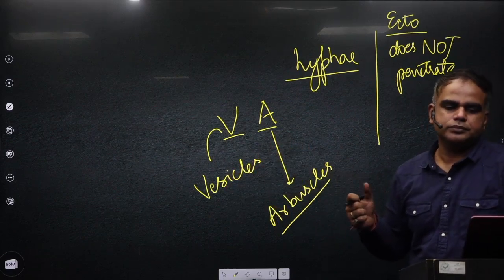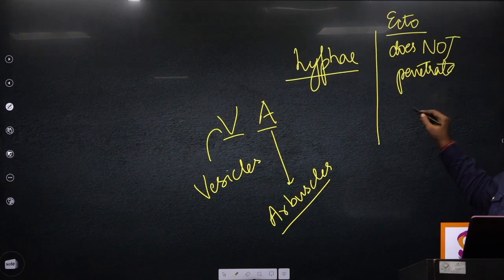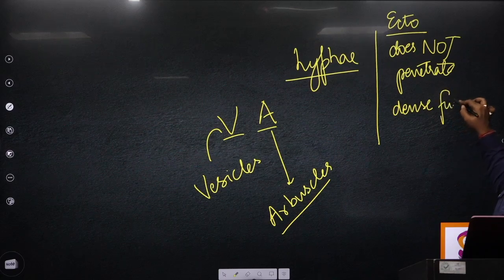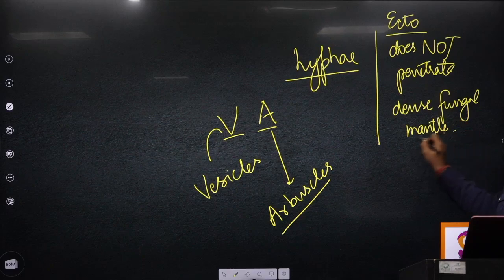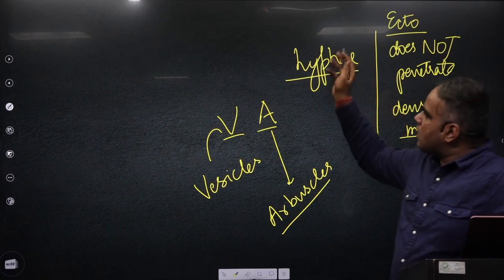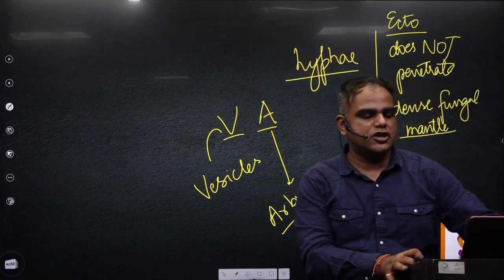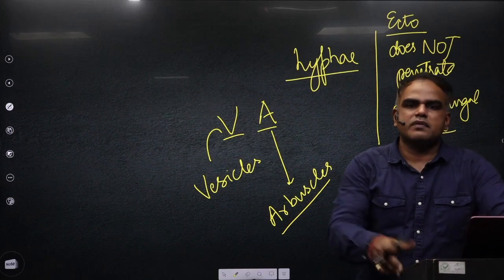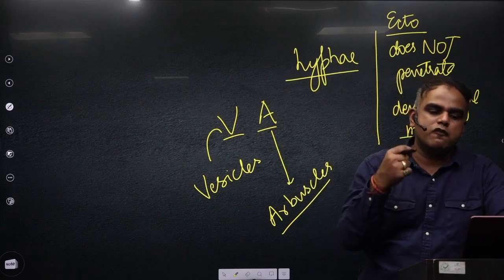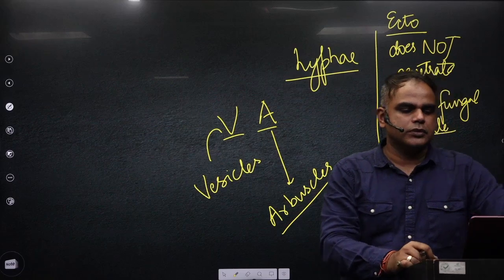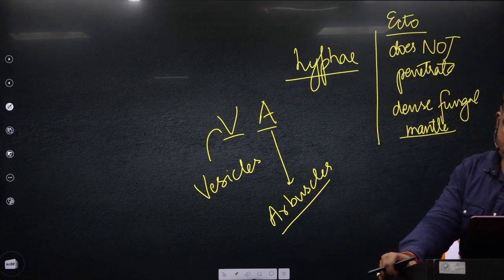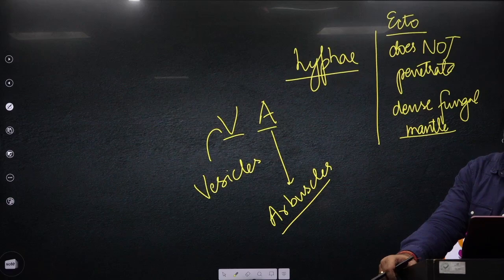Here in ecto it will overall form a dense fungal mantle. Endomycorrhiza is found in herbaceous plants, whereas ectomycorrhiza is found in woody plants. That is also one of the parts we generally see.